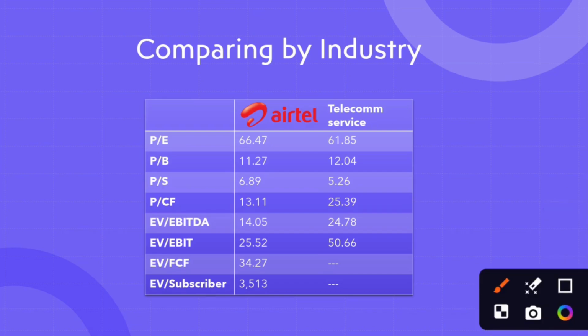Bharti Airtel's PE is 66.47, and the telecom is 61.18. So in this, Bharti Airtel loses 1 point and the telecom gets 1. Next, PB, price to book: Bharti Airtel is less, so Bharti Airtel gets 1 point. Next, PS, price to sales: telecom gets 1 point and Bharti Airtel gets none.